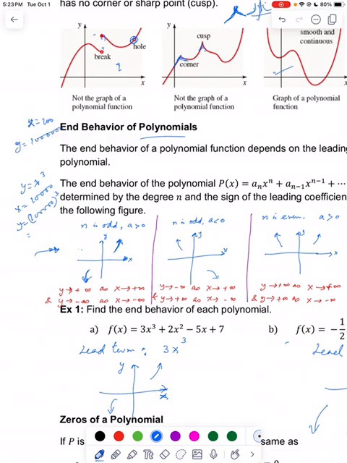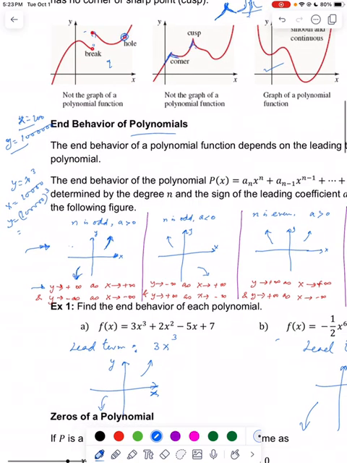And notice here, when you have a positive value for X, we are getting a positive value for Y. So we can say it like this, written here in red, that Y goes to plus infinity as X goes to plus infinity, meaning as X becomes bigger and bigger, Y becomes bigger and bigger in the positive direction. Now we also want to know what happens when X becomes smaller and smaller, or you can say bigger and bigger in the negative direction, which means X is going in this way.